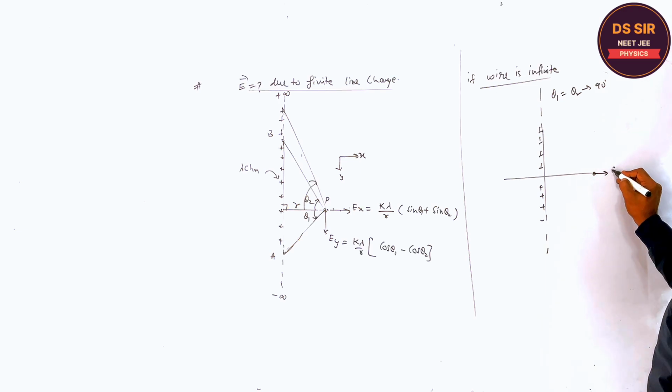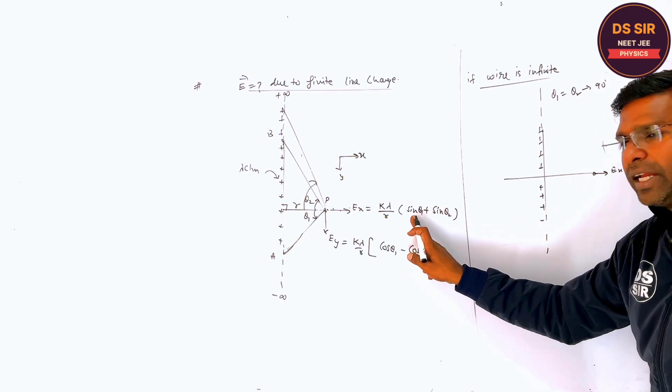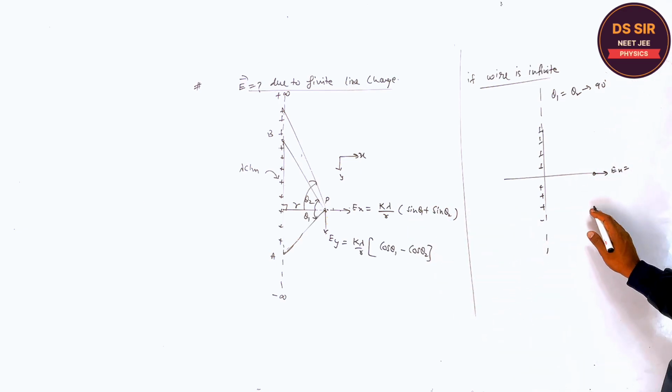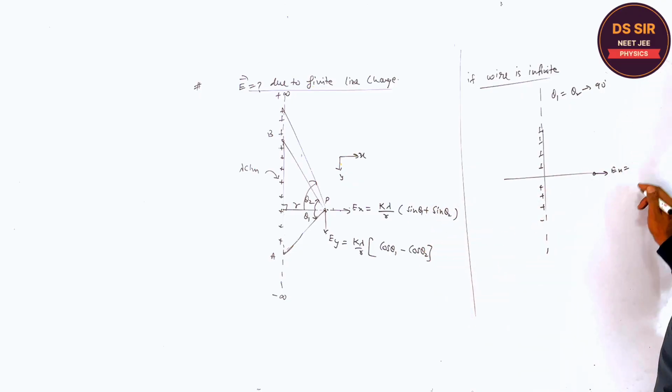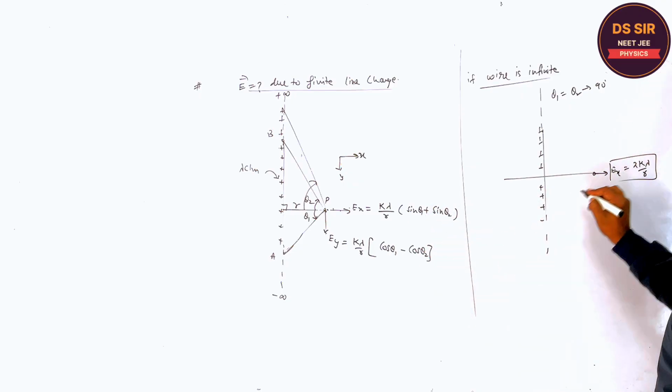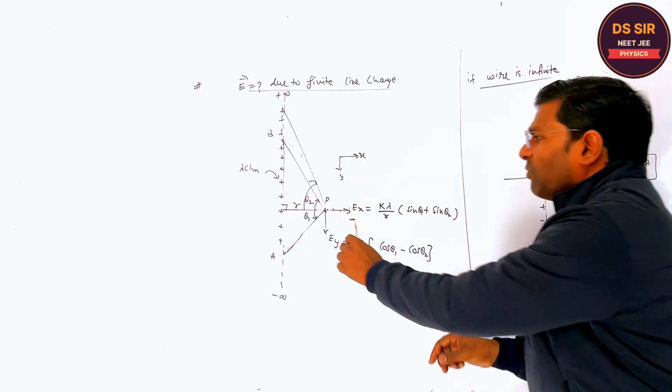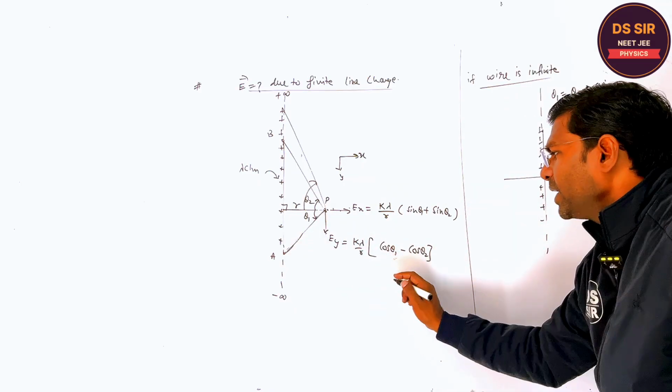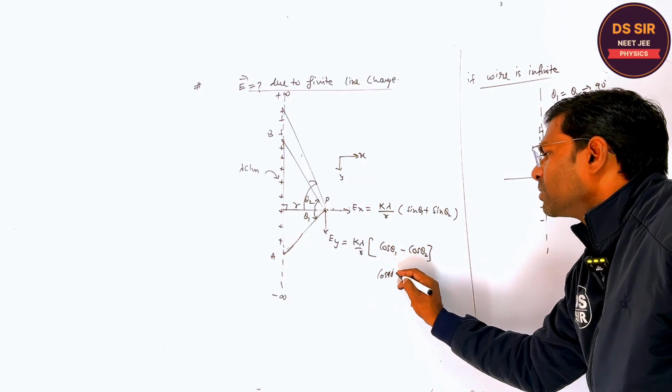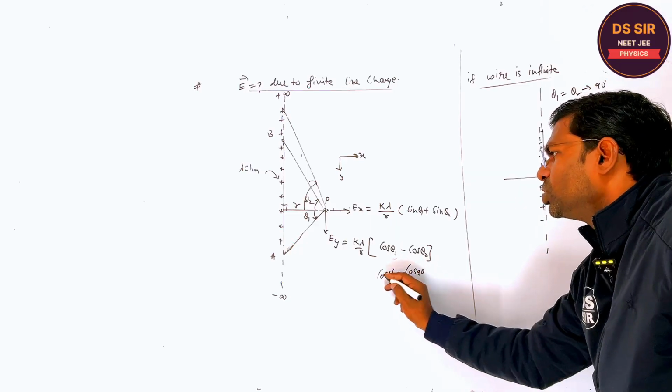What is the electric field in the x direction? sin 90 plus sin 90 becomes 1 plus 1, so 2kλ/r. Are you getting or not? While for the y component, cos 90 becomes 0.